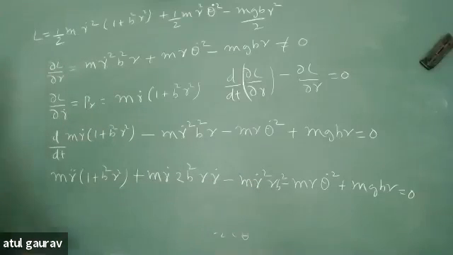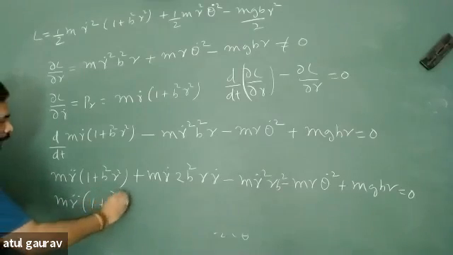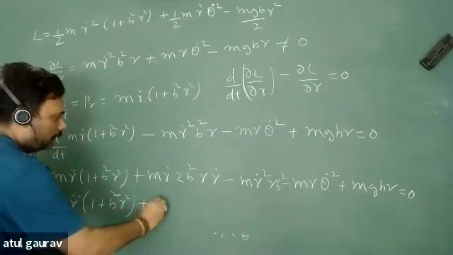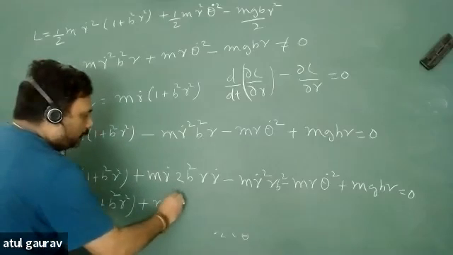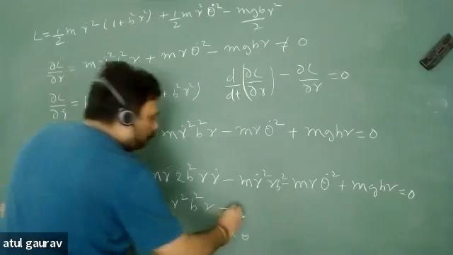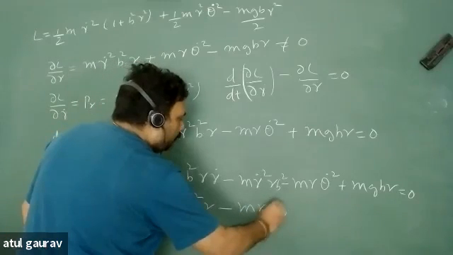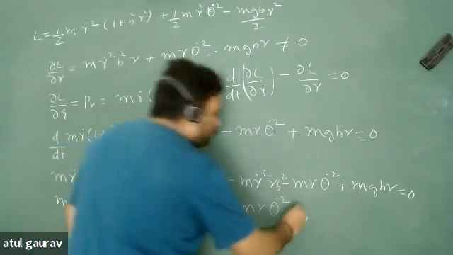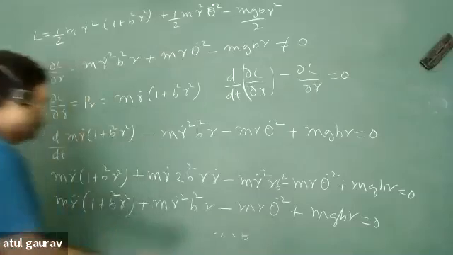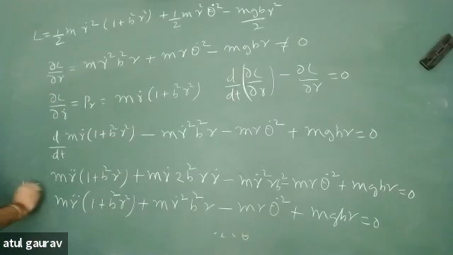So one will reduce. So this is m r̈ (1 + b² r²), and one of the terms will cancel out. We have m ṙ² b² r minus m r θ̇² plus m g b r must be equal to 0. So this is my equation of motion.